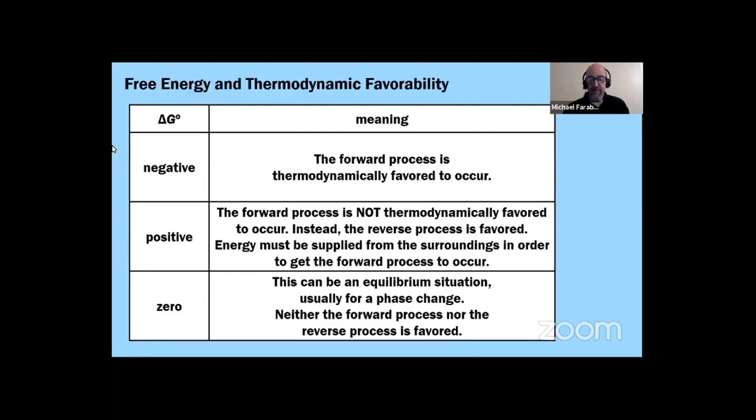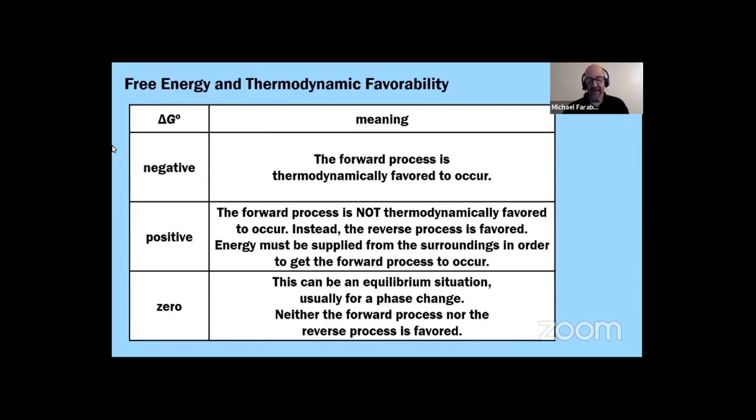Now, if delta G is neither positive or negative, this often happens for a phase change where, for example, you're melting ice and you're exactly at 0 degrees Celsius or 273 Kelvin. So neither the forward or the reverse process is favored if you have this perfect equilibrium situation where essentially both the forward and the reverse processes are happening at the exact same rate.